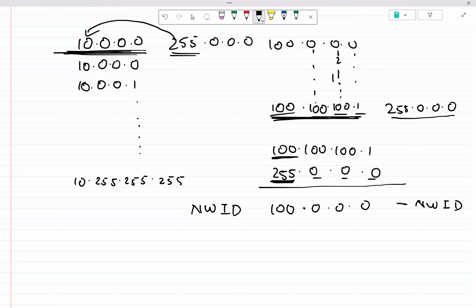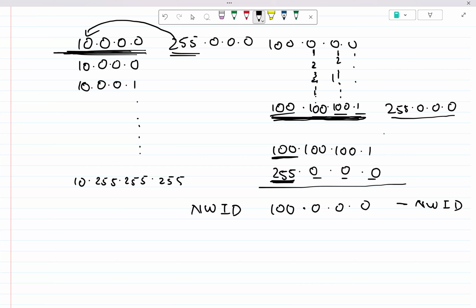Right? Similarly, the second octet started from 0, then 1, 2, 3, 4, and it ended at 100. Right? So we got this IP 100.100.100.1. So for this IP address, the network ID is this.